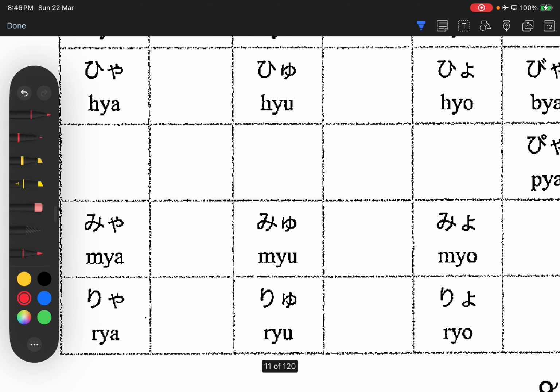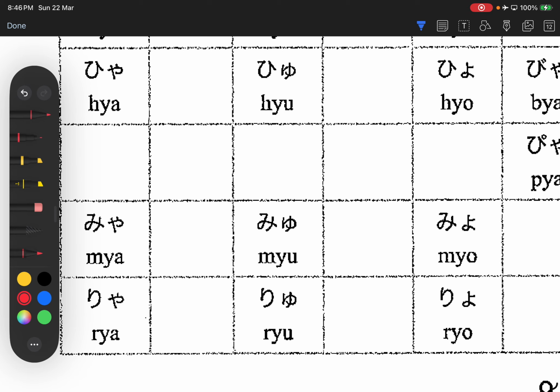Next we have mya, myu, myo, rya, ryu, ryo. Right, so all these are the contracted sound.